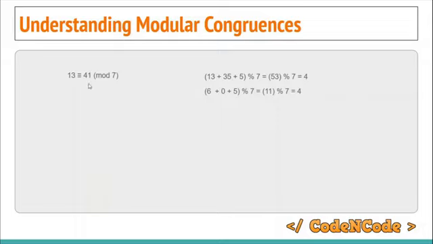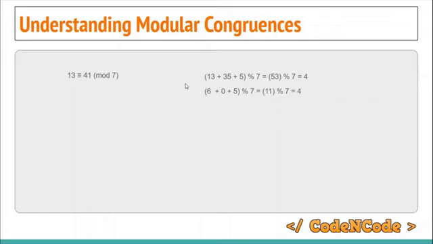That is why when two integers are congruent, you can replace one with another and the result won't change. This applies to the operators addition, subtraction and multiplication as well, but not to division. To work with division, we have something called modulo multiplicative inverse. You might have heard it somewhere in some competitive programming contests.